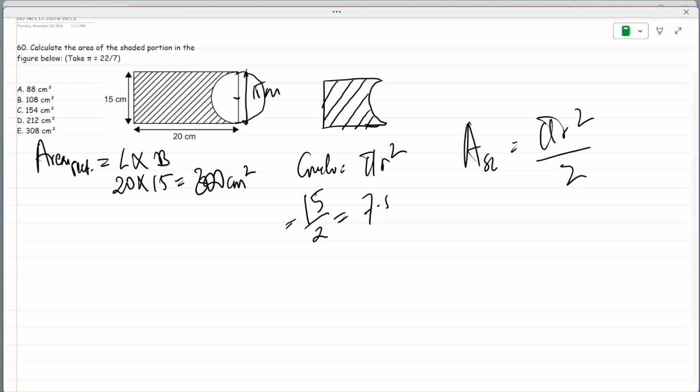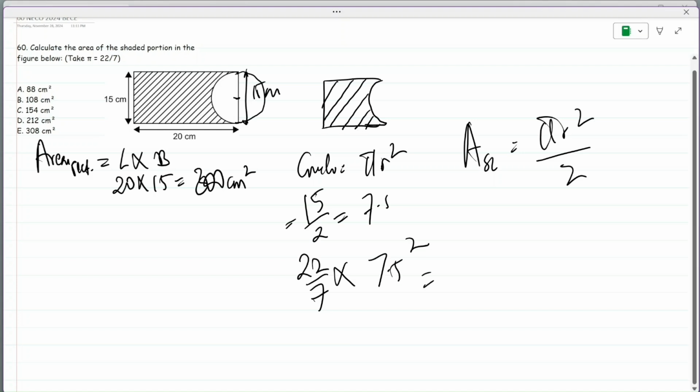So we have it as area of a circle is pi r squared. And you know your r is 7.5. So we have 22/7, which is pi, times the radius squared. That's 7.5 squared. We can solve this first. That's 22/7 times 7.5 times 7.5. Because it's 7.5 squared, we can make it over 1.